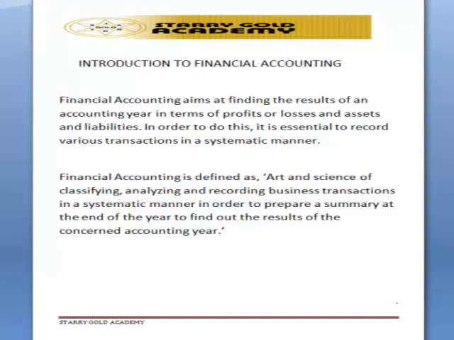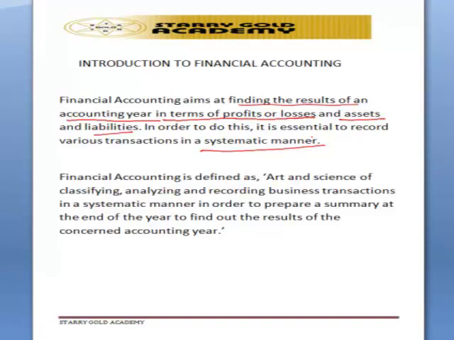So financial accounting aims at finding the result of an accounting year in terms of what? The profit or loss, assets and liabilities. In other words, to do this, it is essential to record the various transactions in a systematic manner.